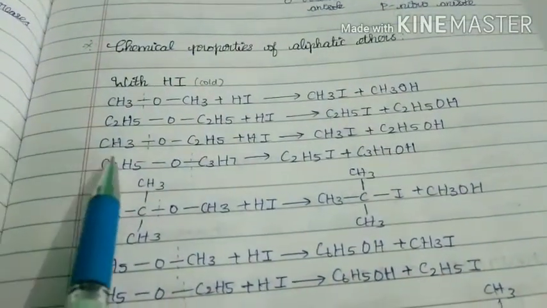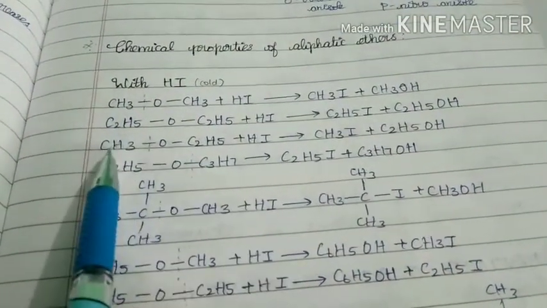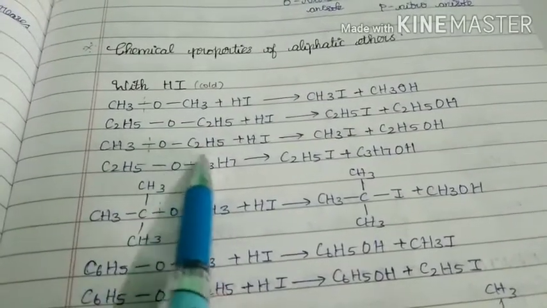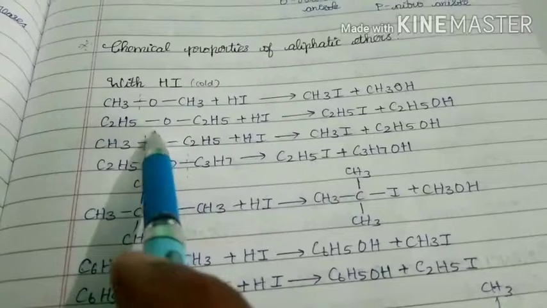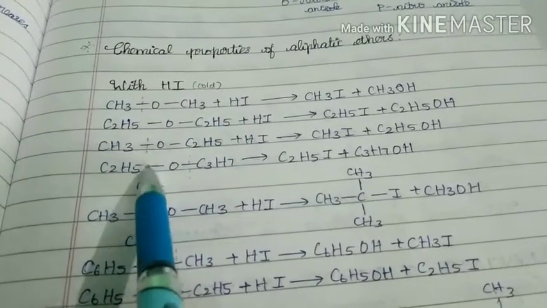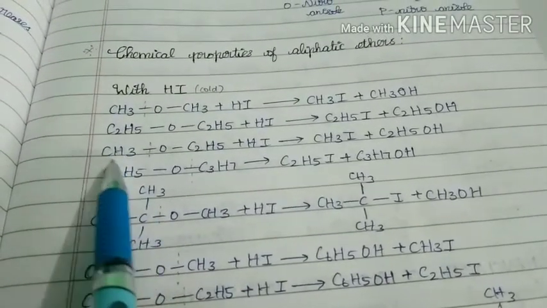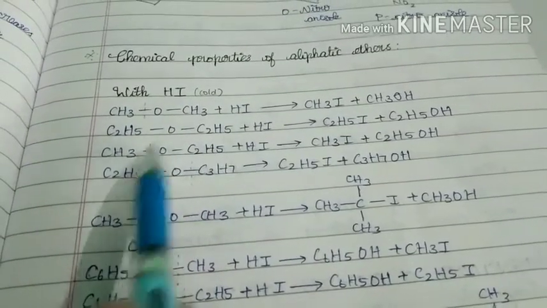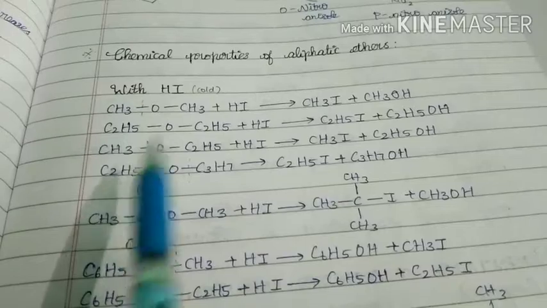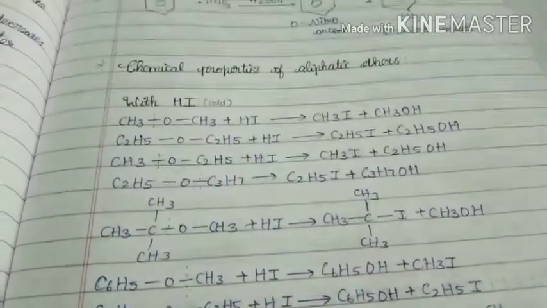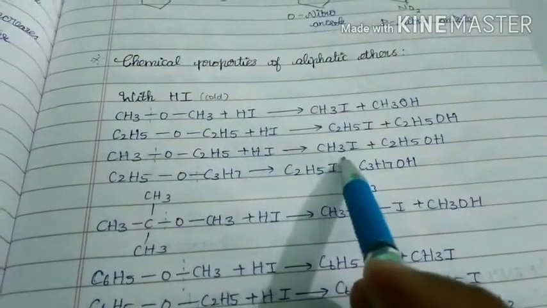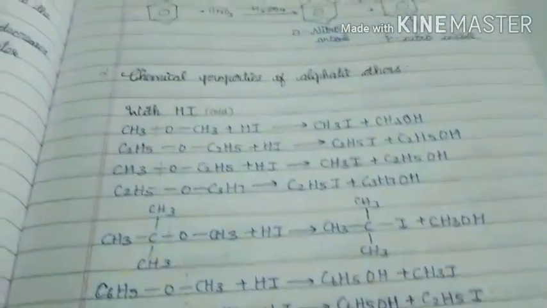But if different alkyl groups are present, see the third equation, here a methyl group is present, here an ethyl group is present, then this bond will be broken. Then this lower alkyl group gets iodine and on the other side hydrogen goes. Lower alkyl group always gets iodine. So what is the product? CH3I and C2H5OH.